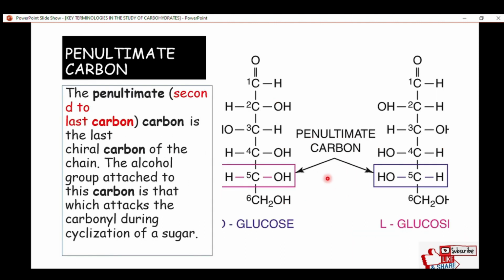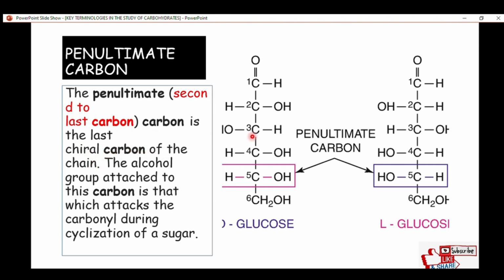Let's continue with the penultimate carbon. The word penultimate means last but one, or second to last. The penultimate carbon in a sugar molecule represented in a Fischer projection is the last chiral carbon of the chain.